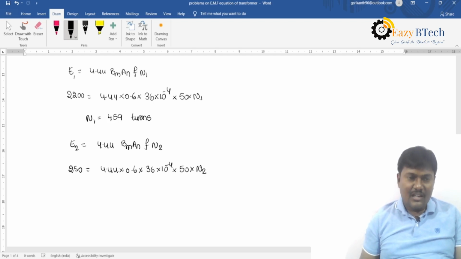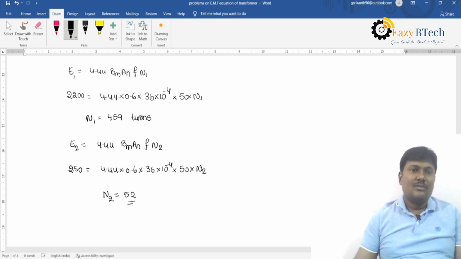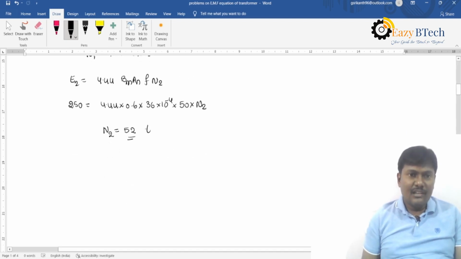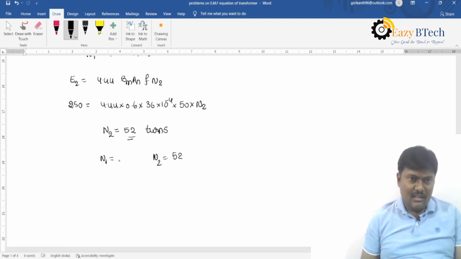I have to calculate the number of turns. From this, I got N2 as approximately equal to 52 turns. The secondary number of turns is 52, and the primary number of turns is approximately 459 turns for this problem.